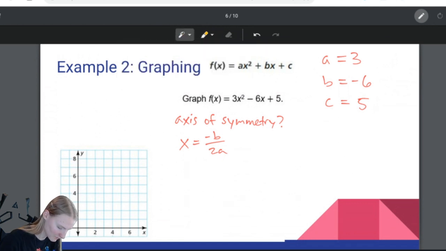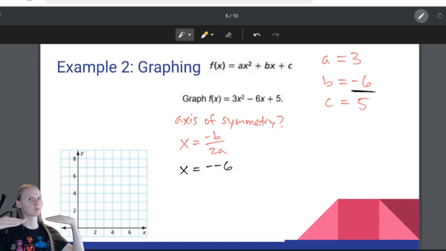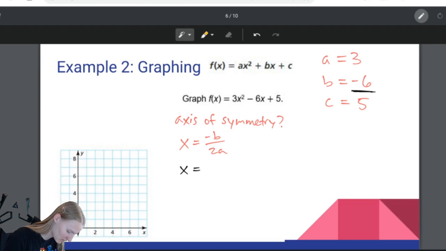I'm going to use a different color. So we have x equals negative b. So negative, negative 6. What happens when I have two negatives? They come together and become positive. So this is actually positive 6 over 2 times a, which is 3. So x equals 6 over 2 times 3, which is 6.